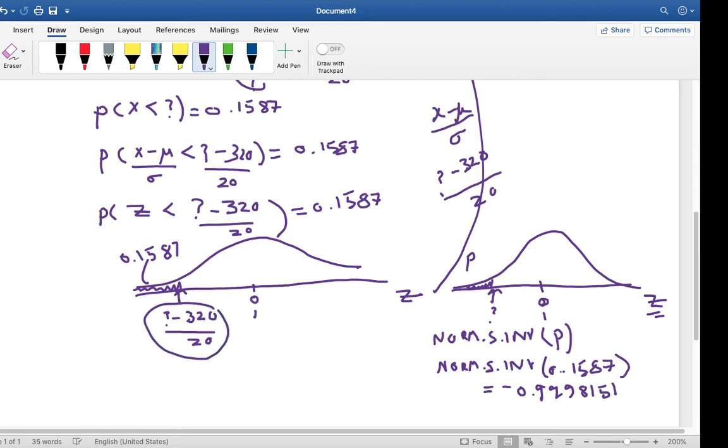But I've worked out now that when the area up here, when p equals 0.1587, this value, this question mark here, is going to be negative 0.9998151. So this question mark, which is not the same as the one over here, minus 320 over 20 is equal to negative 0.9998151.